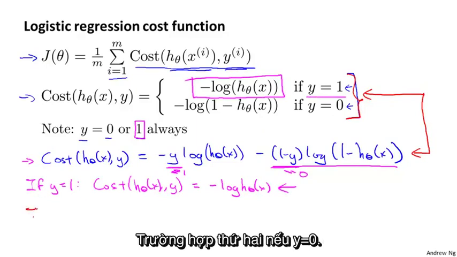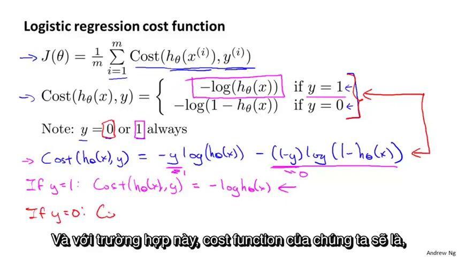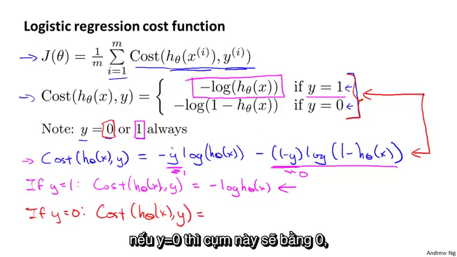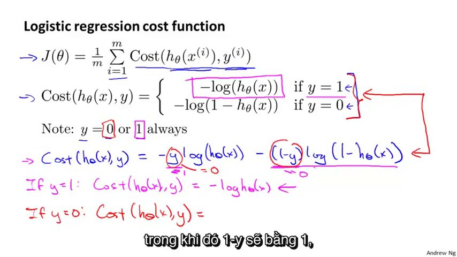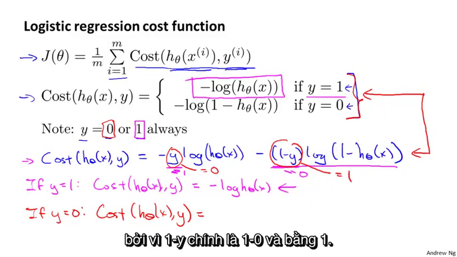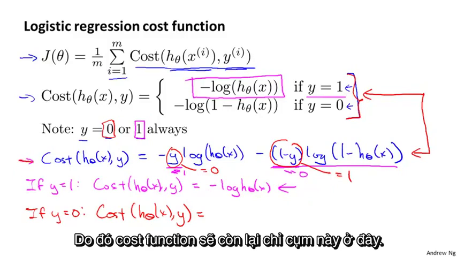The other case is if y is equal to 0. If that's the case, then our writing of the cost function is saying that, well, if y is equal to 0, then this term here would be equal to 0. Whereas 1 minus y, if y is equal to 0, would be equal to 1, because 1 minus y becomes 1 minus 0, which is just equal to 1. And so the cost function simplifies to just this last term here, right?